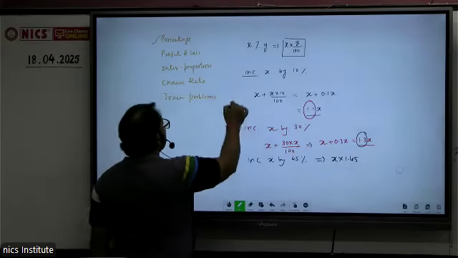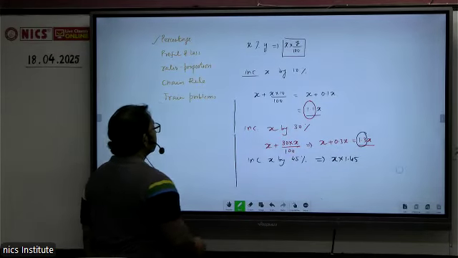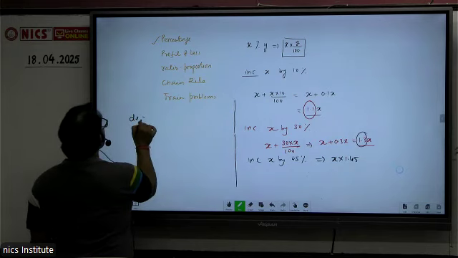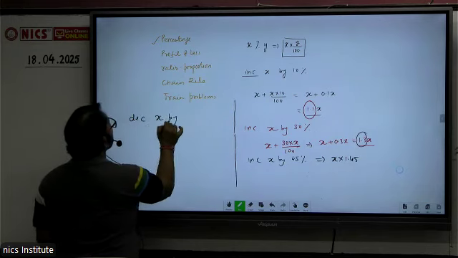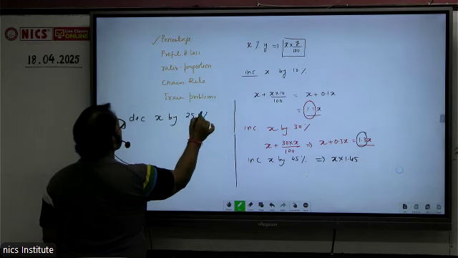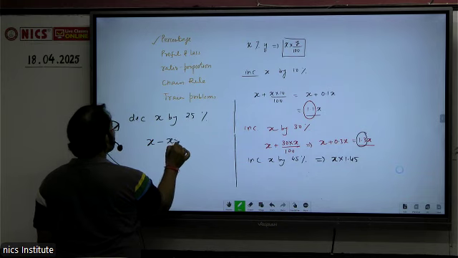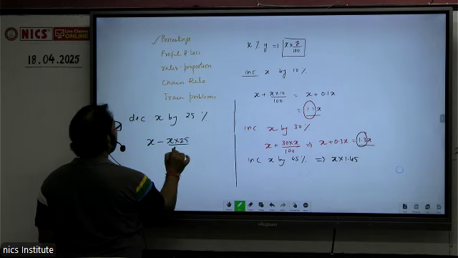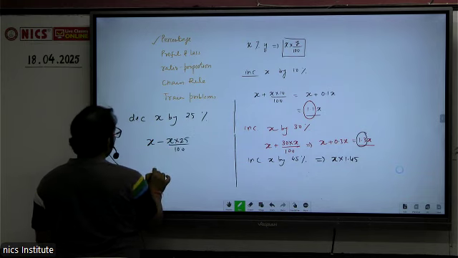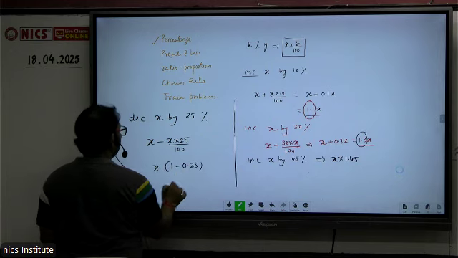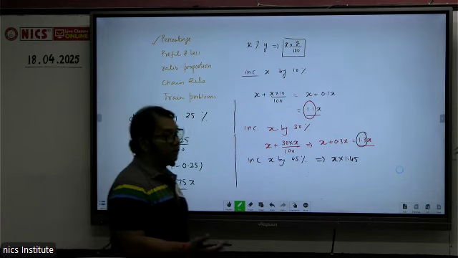Now, similarly, what if you want to decrease something? Suppose you want to decrease x by, say, 25%. So what we have to do? If I go by the method, x minus x into 25 by 100. But what about shortcut? Straight away multiply by 0.75.